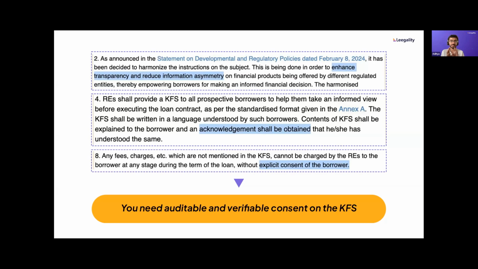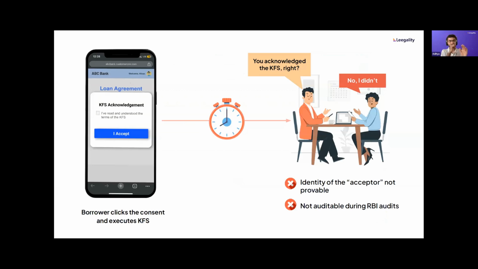So what's the exact issue with a simple I agree or an I accept box, right? Because a clickwrap is super easy operationally, but that's really not the point, right? Because with clickwrap, there is no way to actually attribute that I accept click to the actual borrower. And this I accept does not actually show up or display on that KFS itself, right?